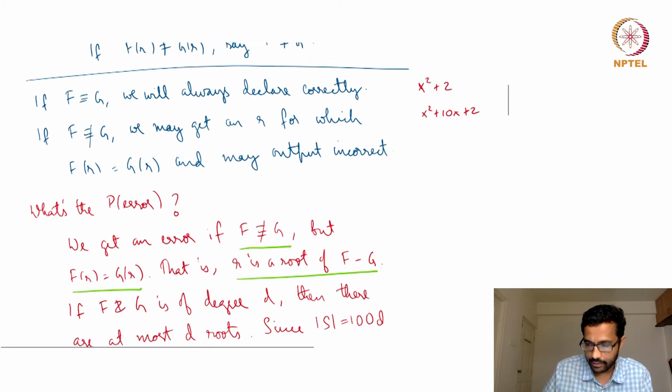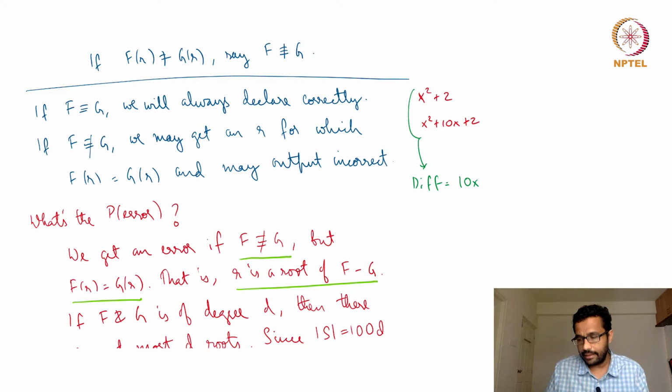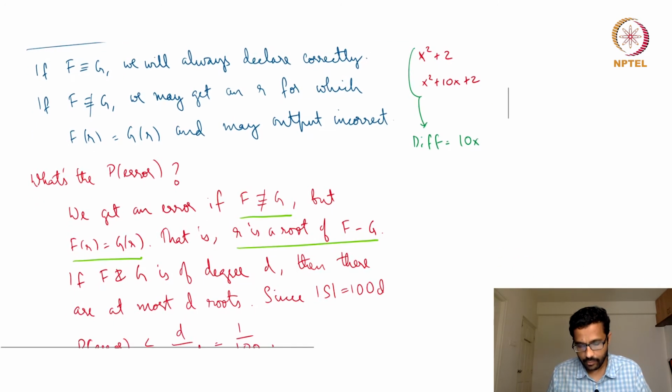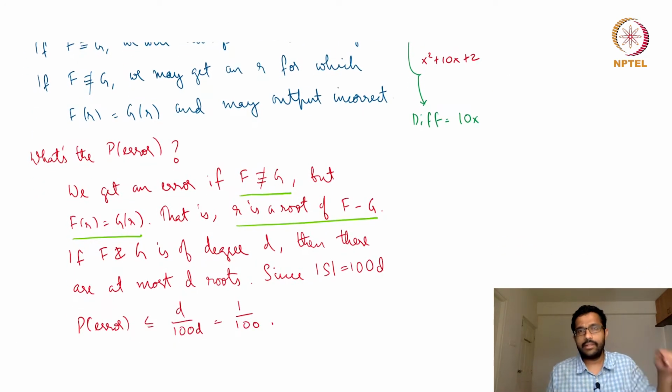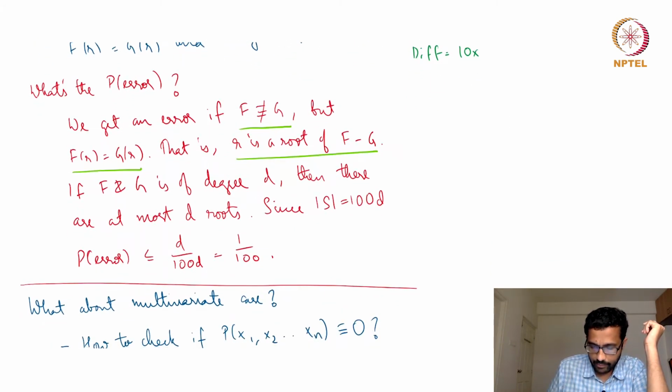So here, x squared plus 2 and x squared plus 10x plus 2, the difference is, x squared cancels, 2 cancels, it's simply the polynomial 10x. So here the choice x equal to 0 happens to be a root of 10x, right? That's what happened here. And it could happen in different ways. So r is a root of f minus g.